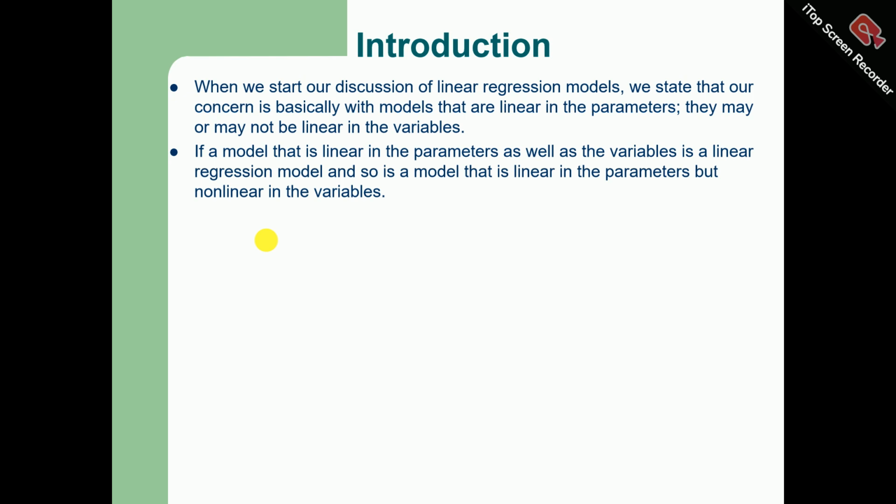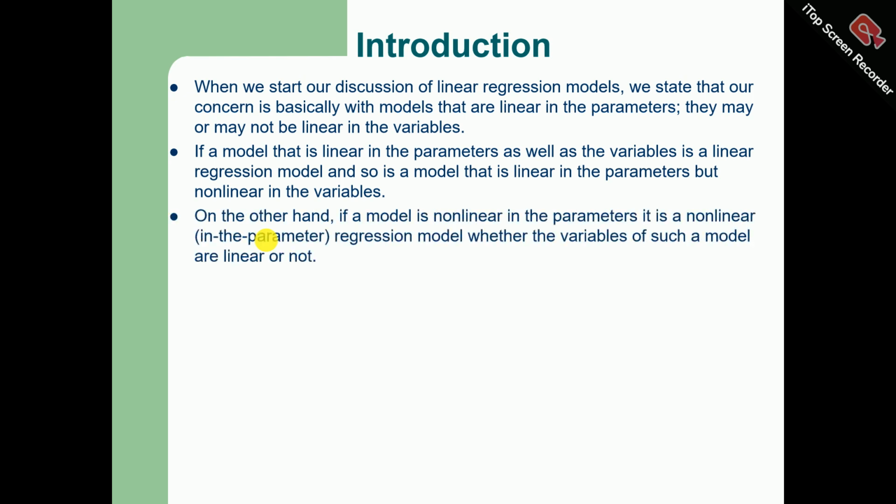And a model which is linear in the parameters but not in the variable, still it is a linear model. On the other hand, if a model is non-linear in the parameters, it is a non-linear regression model, whether the variables of such a model are linear or not.